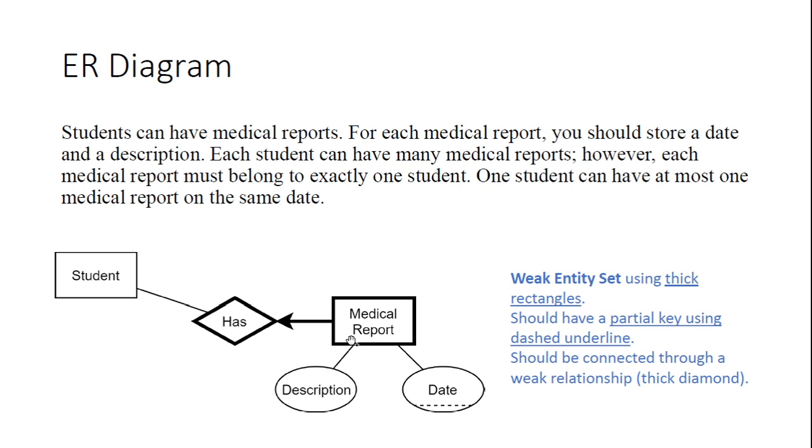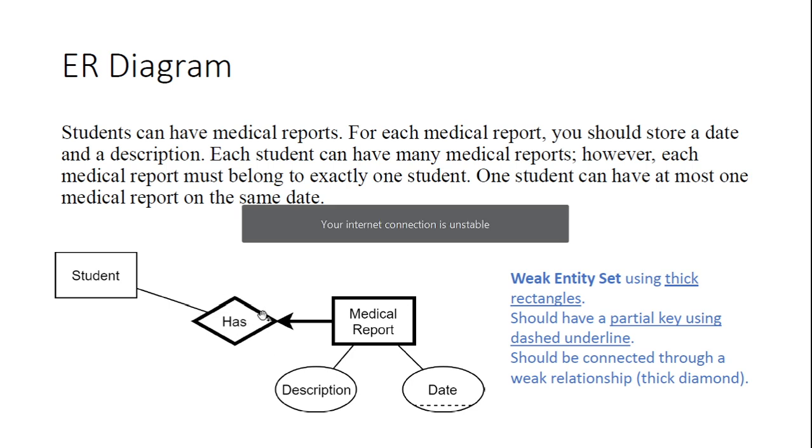Because of that, we say that this is a weak entity set, and the relationship has is called the weak relationship to connect this weak entity to a strong entity. In this case, student is the strong side and the medical report is our weak entity, and the weak entity and the weak relationship are using thick lines for their shapes. So that's how we show a weak entity.